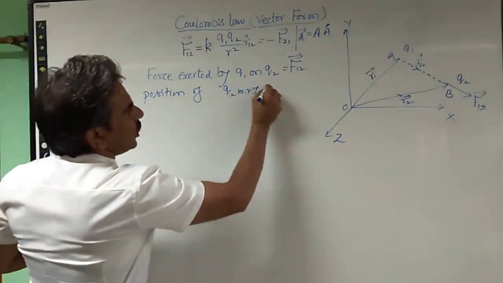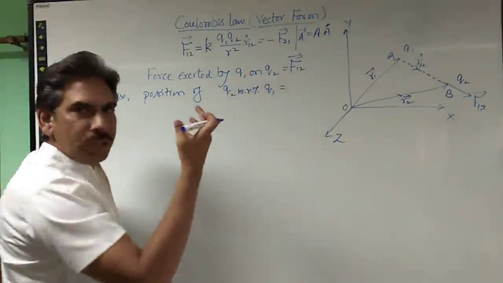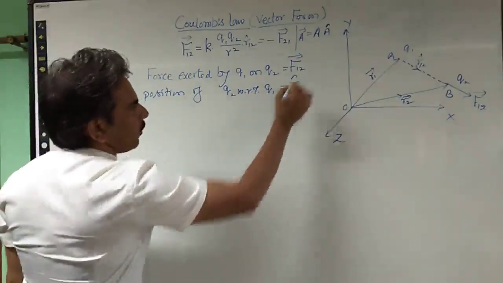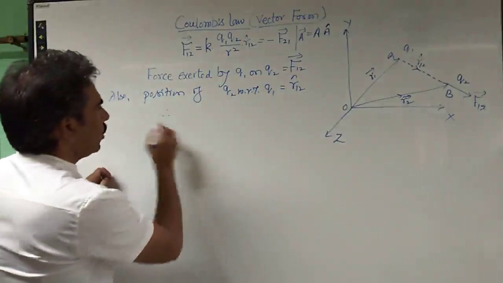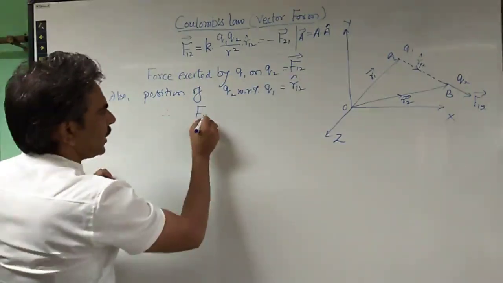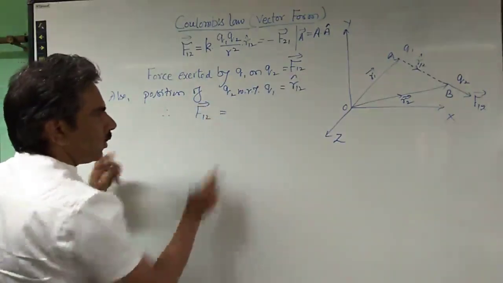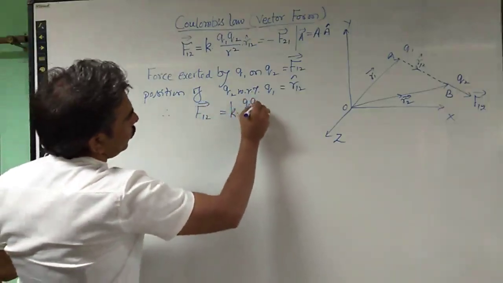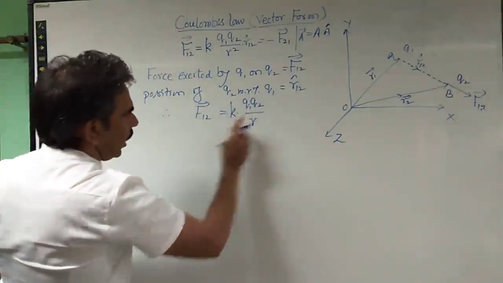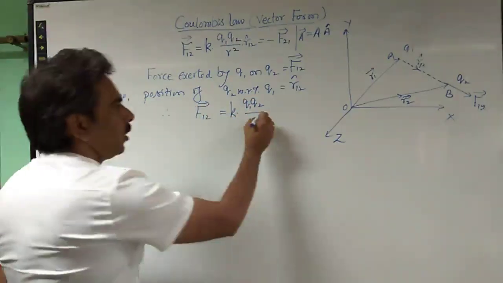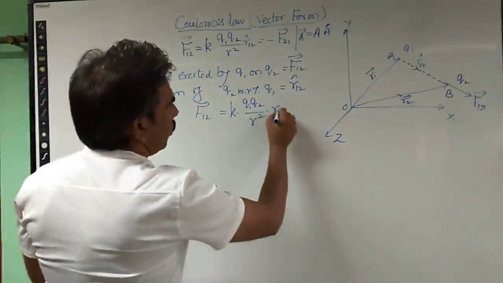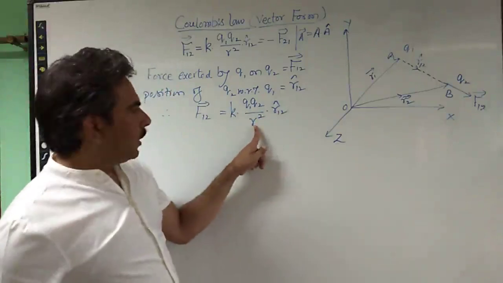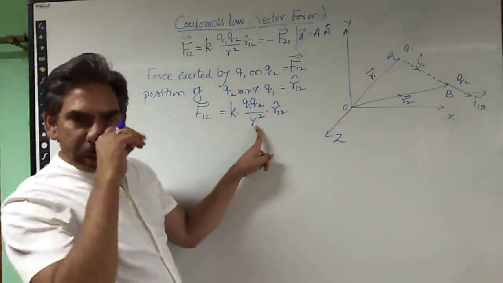With respect to charge Q1, because Q1 is the charge who is exerting the force. So this is equal to R12 cap. Therefore the force F12 exerted by charge Q1 on Q2, we can write as K into Q1 into Q2 divided by R square into R12 cap.